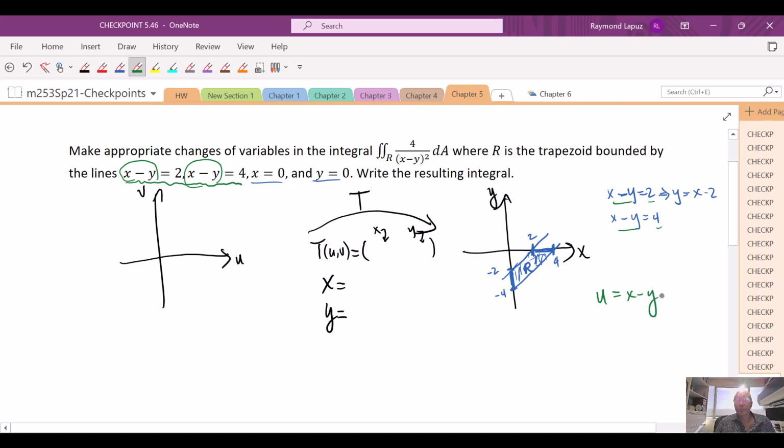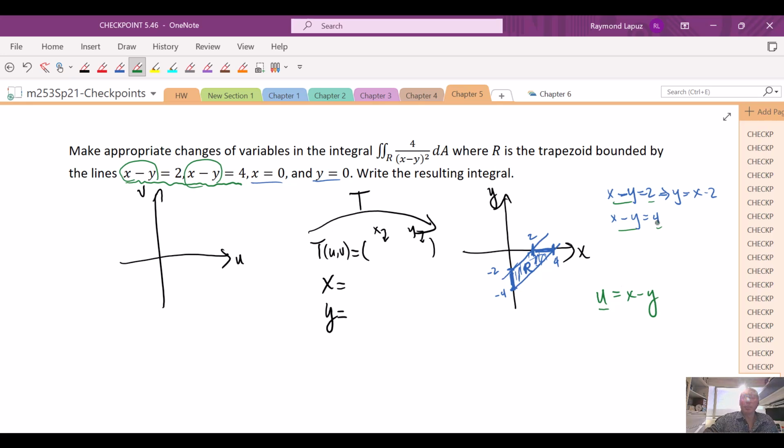By doing so, we're going to have x minus y equals 2 and x minus y equals 4. That would be just u limits. So u can go from +2 to +4.